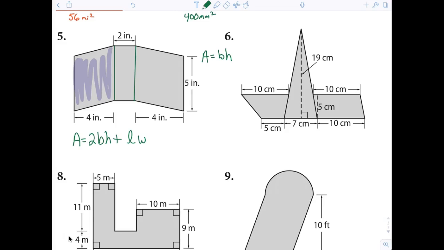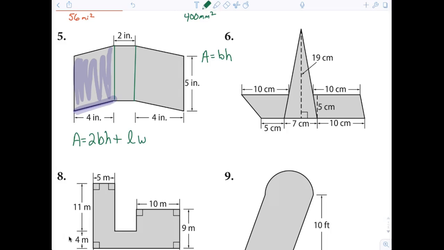Exactly correct. But listen to me. The problem is the height. The height is always the perpendicular distance. Do you understand what I'm saying? This right here is not the height, because it's not perpendicular.